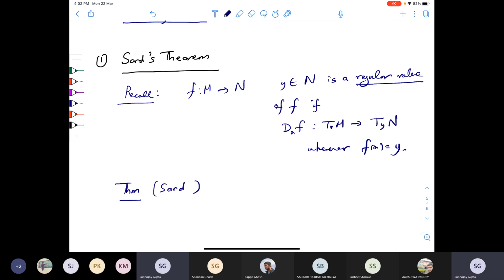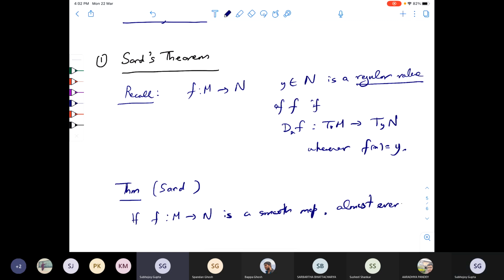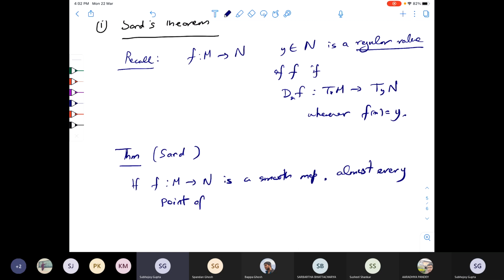So if f from m to n is a smooth map, then almost every point is a regular value. So there are plenty of regular values. So it's a very useful theorem.